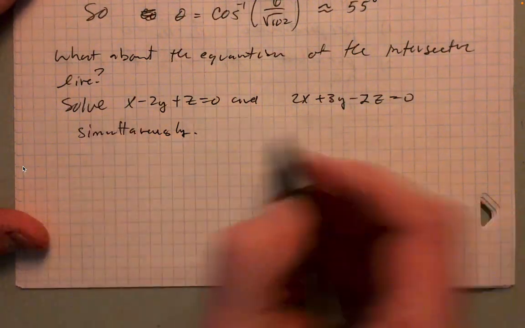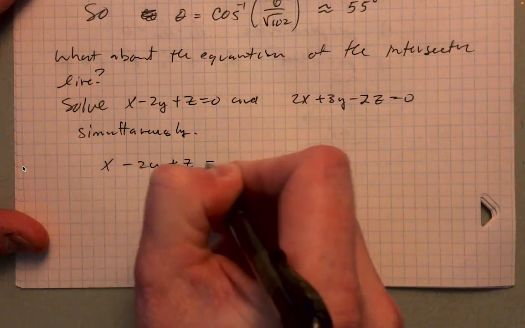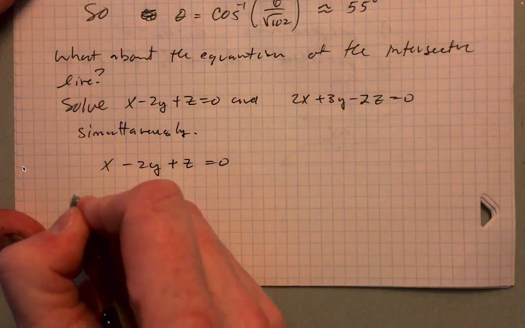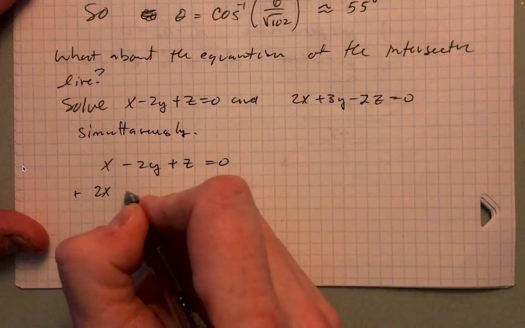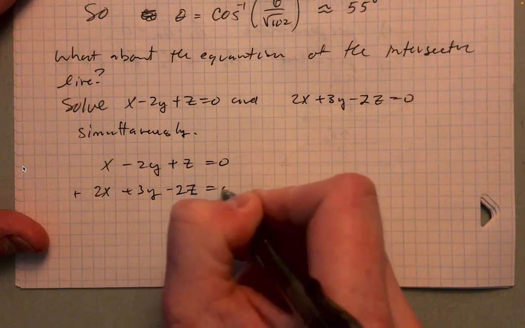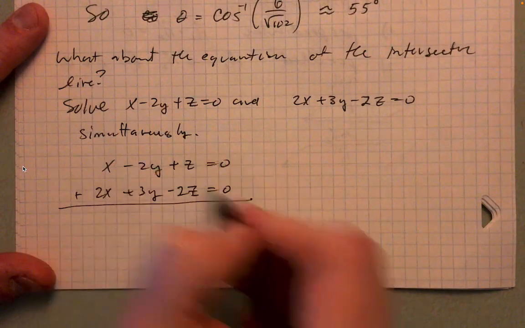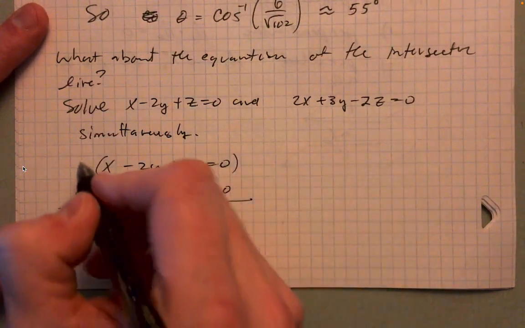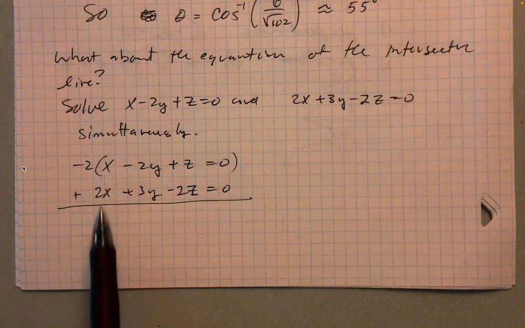So if I take one equation like this, and I subtract the other one, or add the other one to it, I get a third equation, right? Now, I'm not going to gain anything in doing that, but I would if I first multiplied this entire thing by -2, because then I can eliminate this x variable.